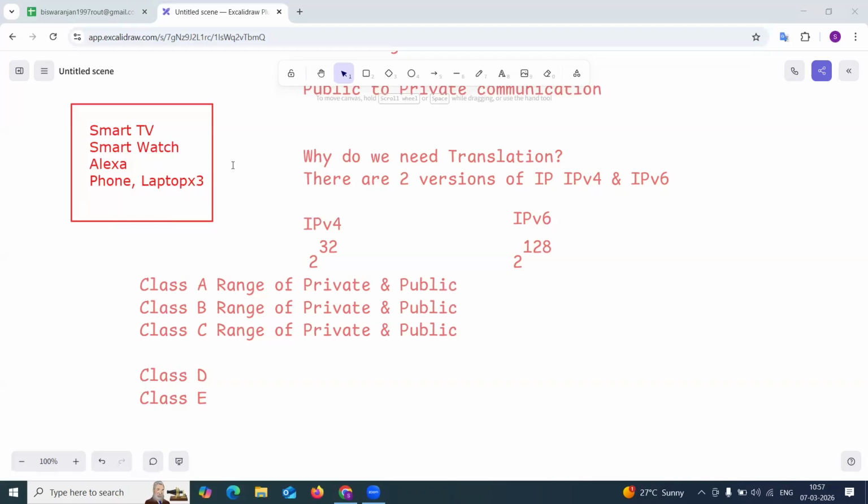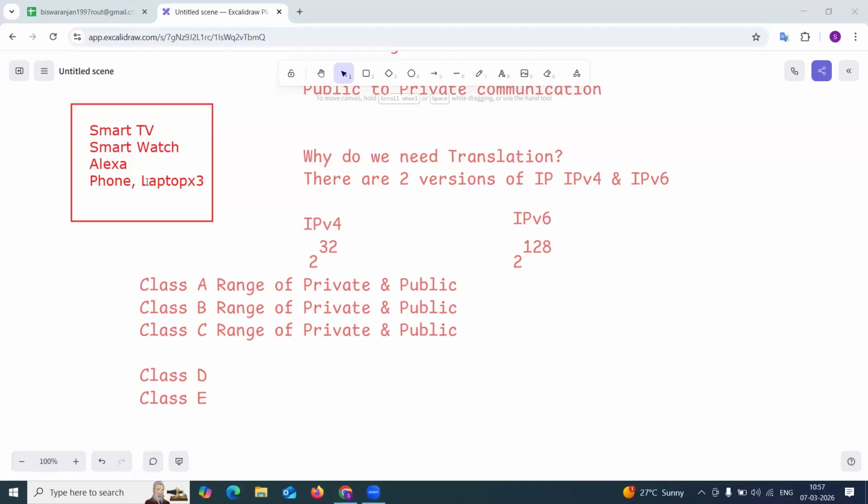So we came up with a temporary solution, and that temporary solution is translation. Translation was the solution to overcome the shortage of public IPs in IPv4. So when you talk about the shortage of public IPs, you should mention the IPv4 version, not IPv6.